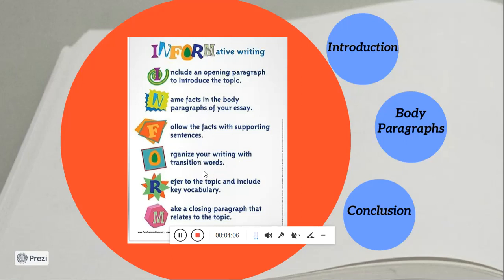Organize your writing with transition words. This is a very important point. حاول دايما تربط العبارات أو الجمل اللي موجودة في الرايتنج مالك ببعض الأدوات الربط اللي موجودة في اللغة الإنجليزية. يعني you are not just asked to write short, simple sentences.